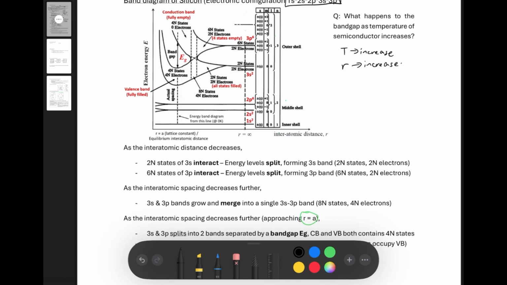So now, instead of here, maybe the equilibrium interatomic distance is here at the dotted line, and the new band gap is here. As you can see, the band gap decreases. So for most semiconductors, as the temperature increases, the band gap decreases.